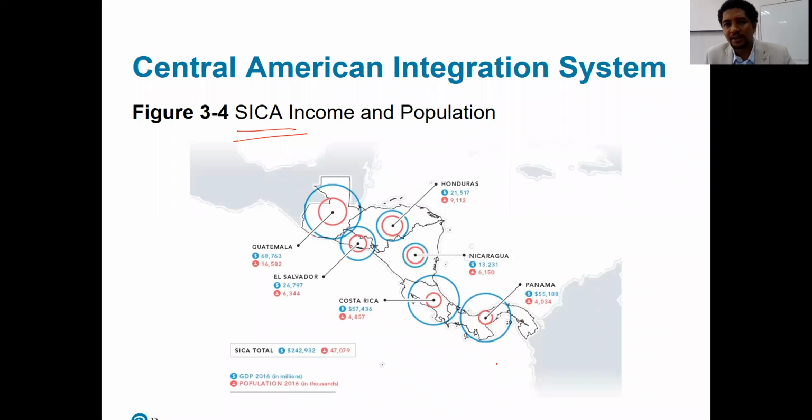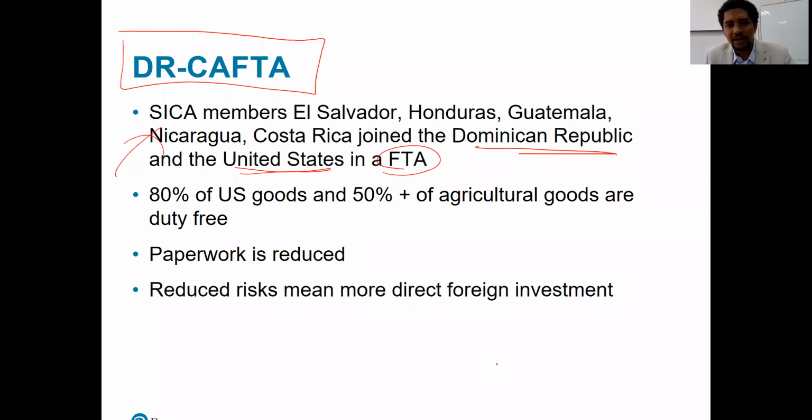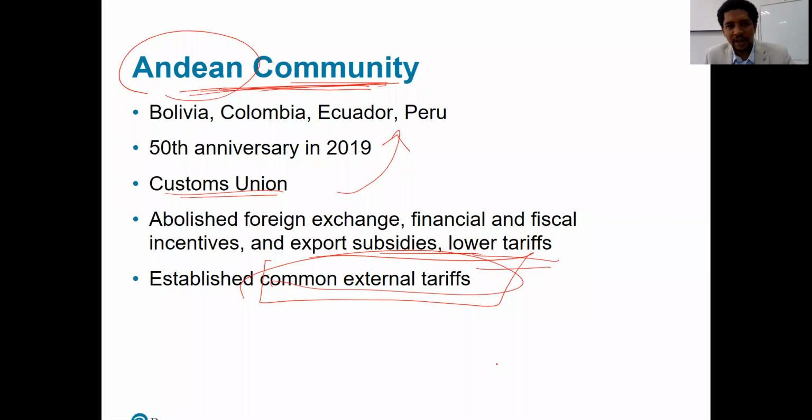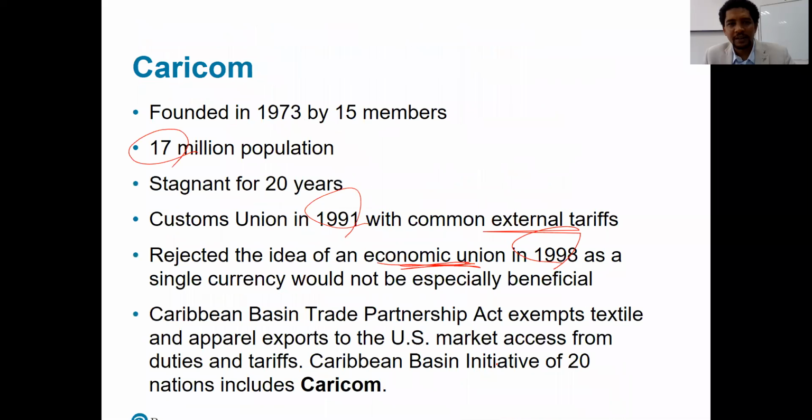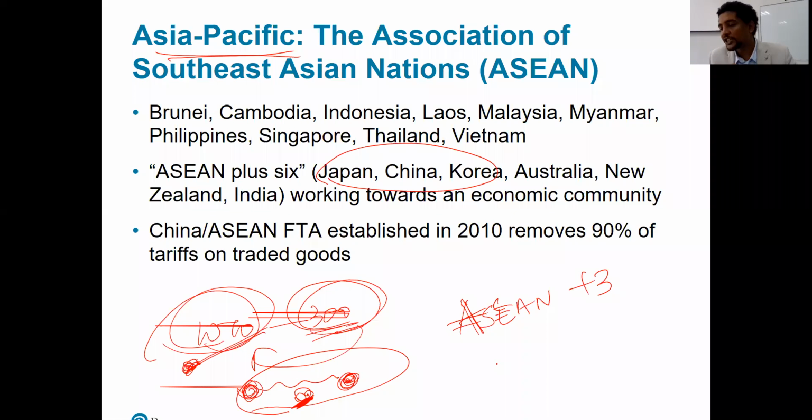Then the one with the DR, which is when the Dominican Republic and the United States joined this group, and the Andean Community, okay? The Common Market of the South, and the CARICOM, and the Asia Pacific.